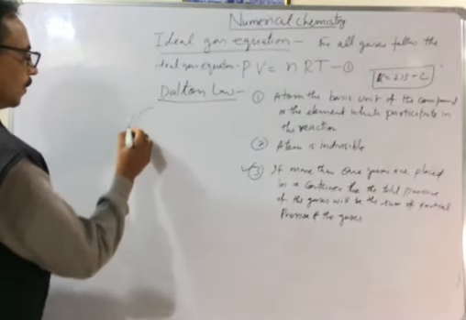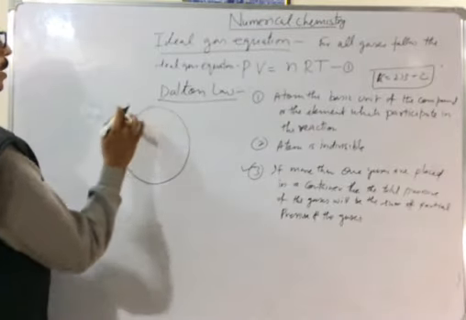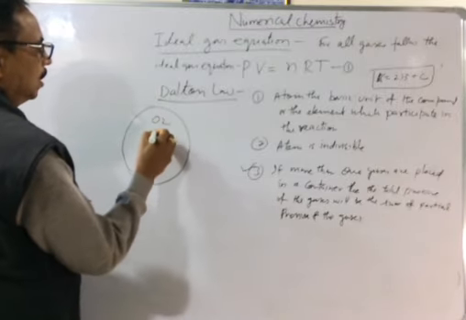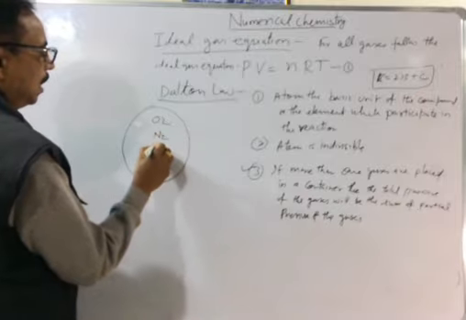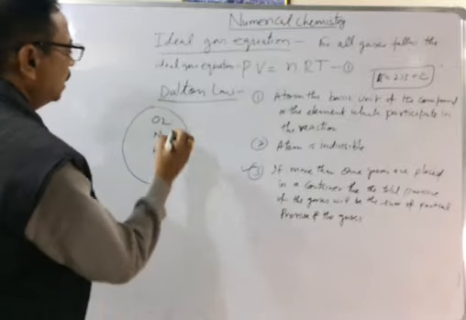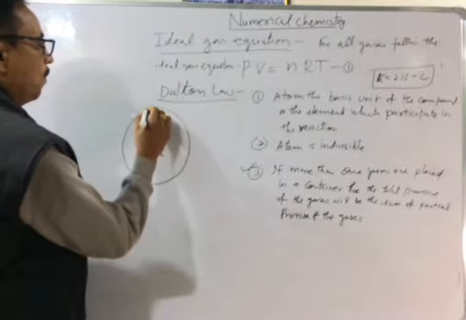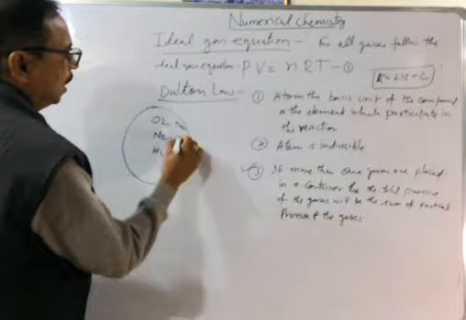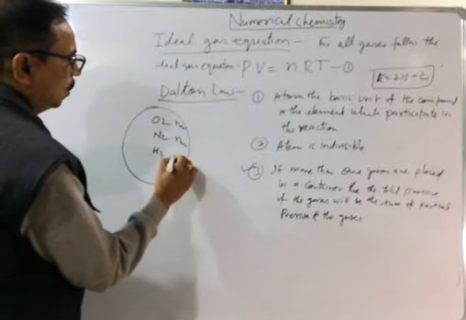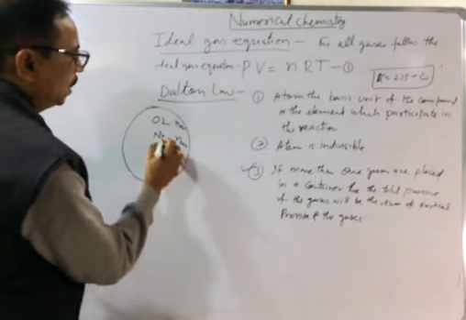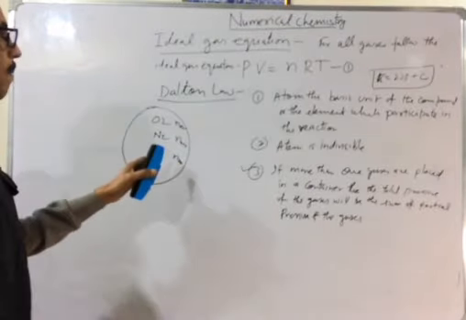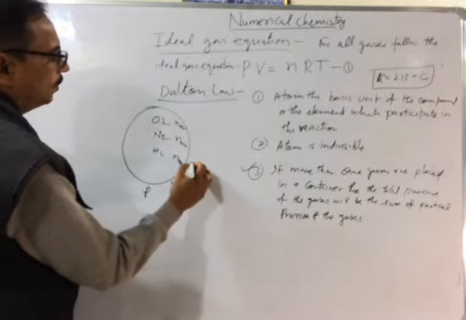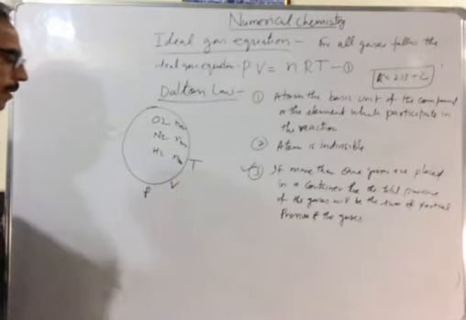Dalton says, suppose this is the container. Here more than one gases are present. Suppose oxygen, nitrogen, hydrogen, these gases are present. So NO2 is the number of moles of oxygen, NN2 the number of moles of nitrogen, NH2 hydrogen. So these are the number of moles present, and P is the total pressure, V the volume of the vessel, and T is the temperature.